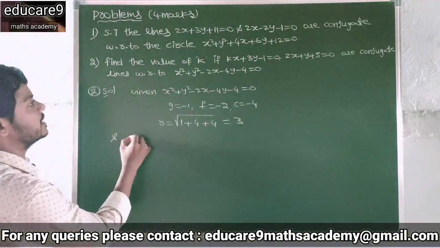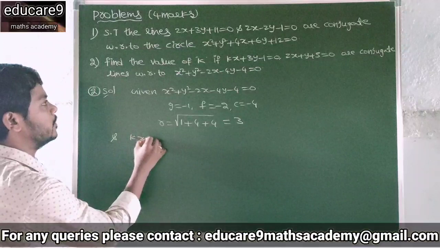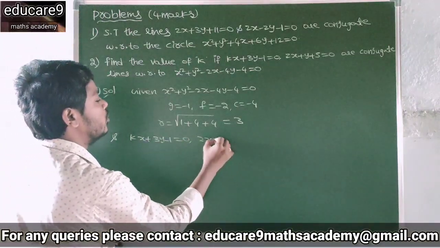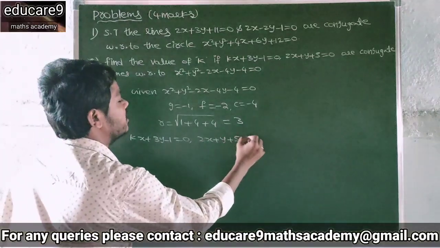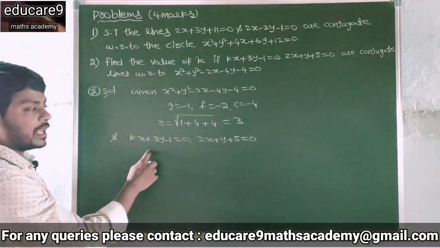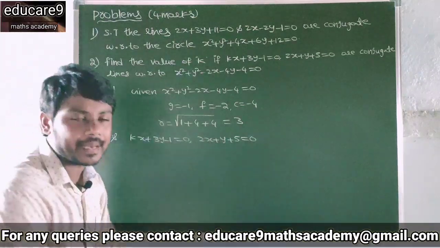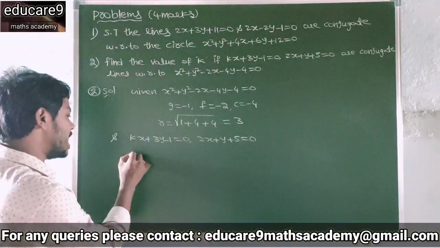And given lines kx plus 3y minus 1 is equal to 0, 2x plus y plus 5 is equal to 0. Now comparing with L1x plus M1y plus N1 and L2x plus M2y plus N2, what is L1?